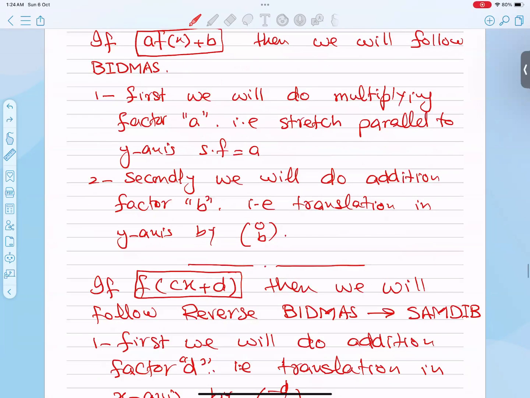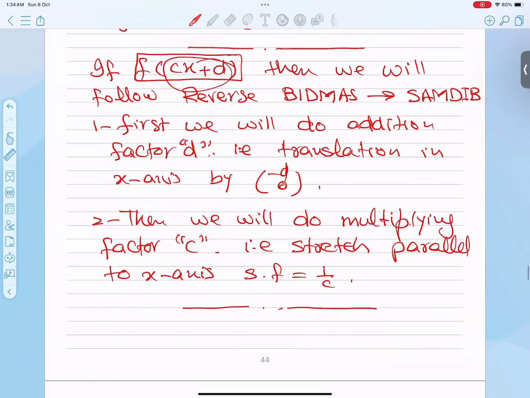But if the same situation happens in a bracket, that is, outside the bracket and inside the bracket, we go in reverse. So first we go to the inside sum: addition, subtraction, and then multiplication. So it means we go in reverse order. In this option, we will not do C first. No, we will first do D. D is a translation, addition, translation parallel to the x-axis.